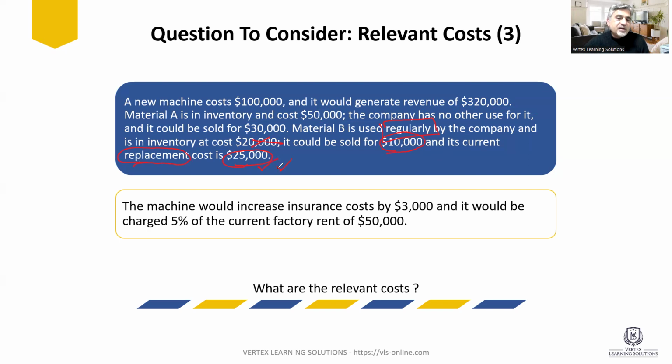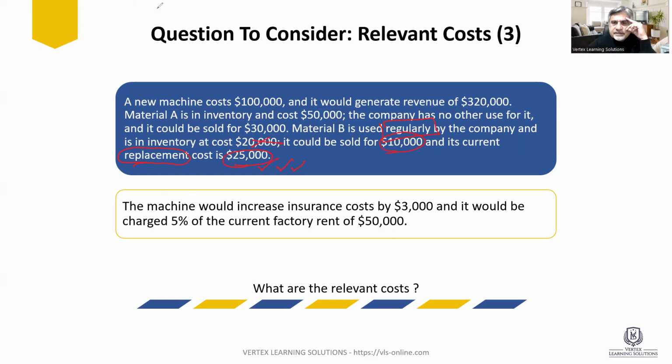That is why I will take 25. This new machine comes in, I take some material out of the warehouse and give it to the machine, so I need to bring material back from the market. They will say that's 25K. So 25K is relevant for you.